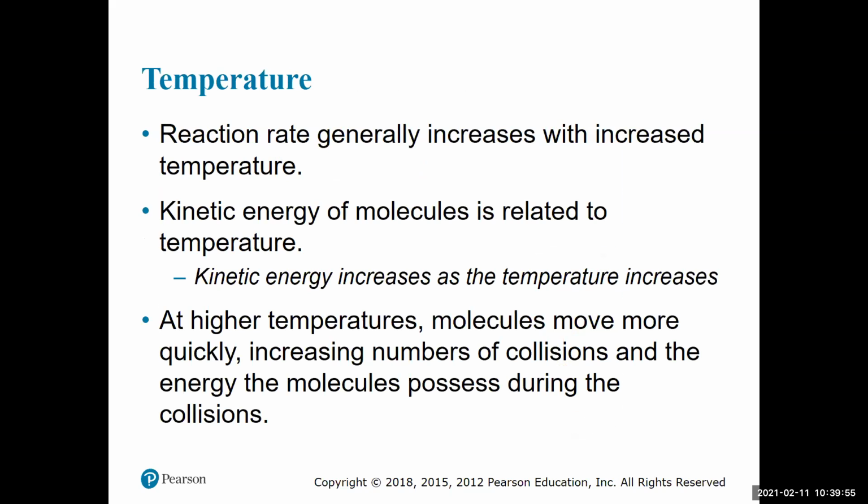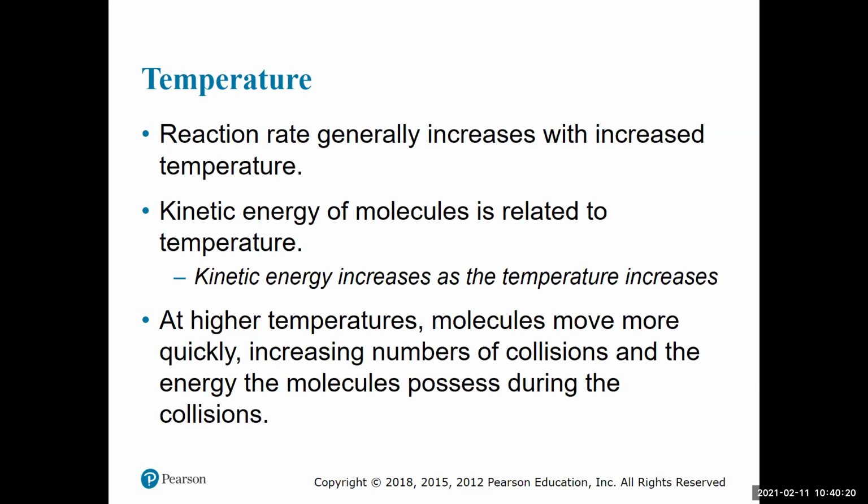Temperature is the third one that we mentioned. In general, if you increase the temperature, the reaction rate will increase. This is because the kinetic energy of the molecules is related to the temperature. As you increase the temperature, the kinetic energy increases, so you have molecules moving around faster.